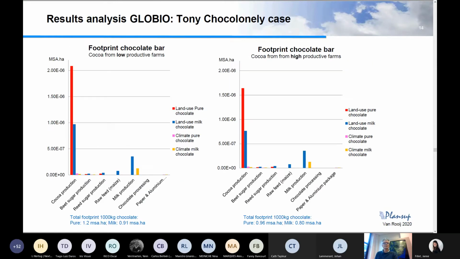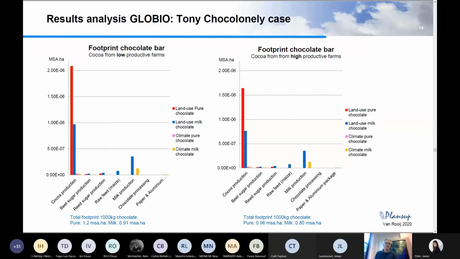Next slide, please. Here you have Tony's Chocolonely. Here you can see the differences we calculated for different farms, and we knew the source. You can see that the low productive farms have a relatively high impact, and you can see which parts of the production have which kind of impact.